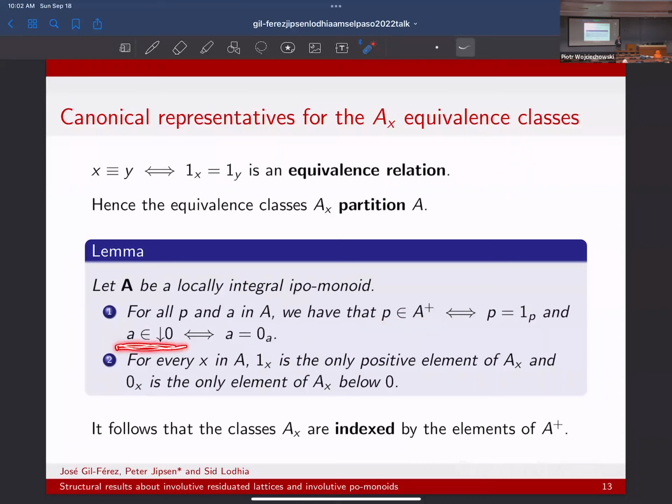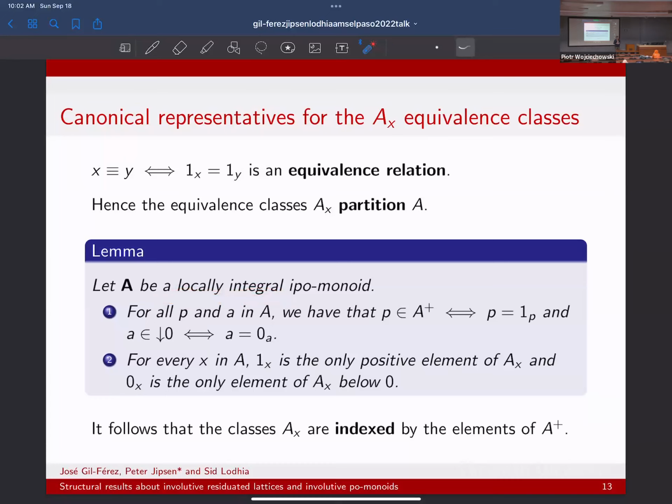And an element will be below zero, so down arrow here means the principal ideal, or everything below zero, if and only if the element is equal to its local zero. So what this important lemma is telling us is that the positive cone contains exactly the local identities, and the elements below zero are exactly the local zeros in such locally integral IPO monoids.